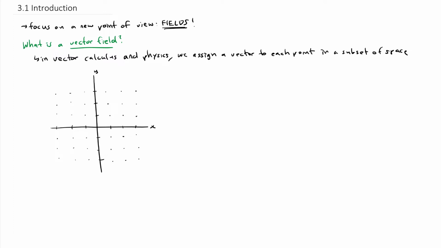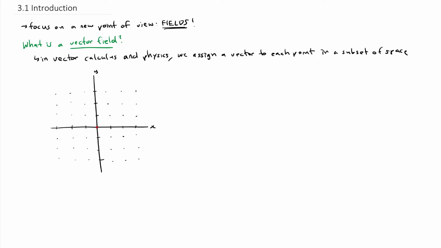So I have some sort of a grid system, and let's say I have some sort of point source here. If I want to take a look at the field lines or the field vectors, I would look at each individual location on this grid.